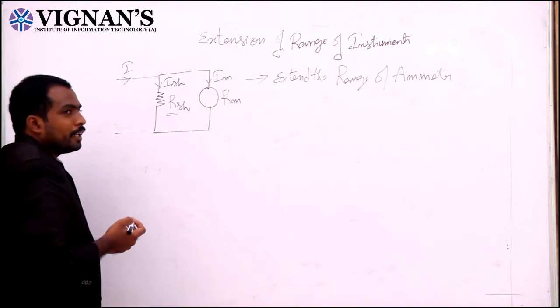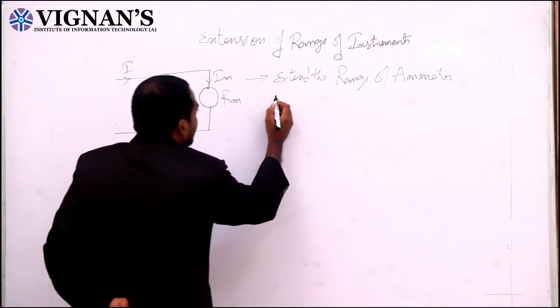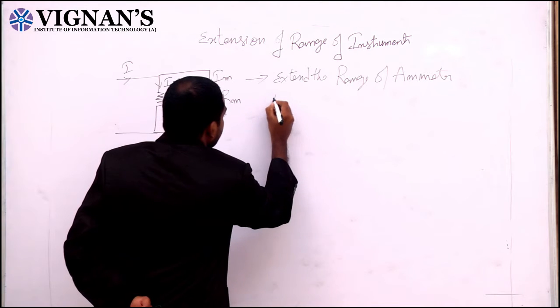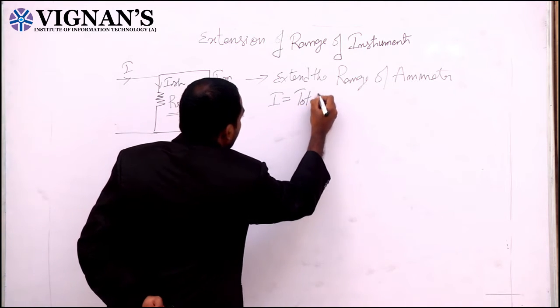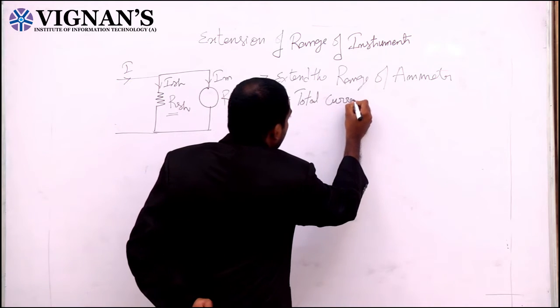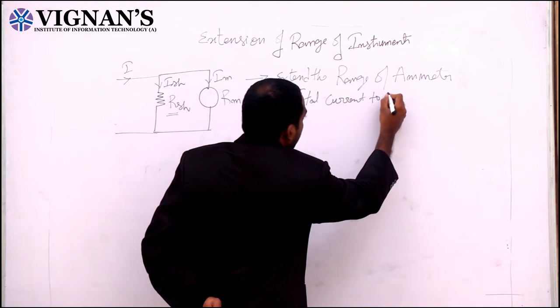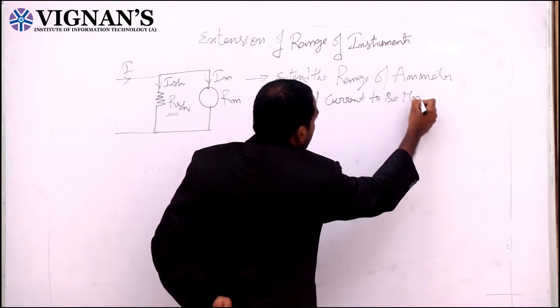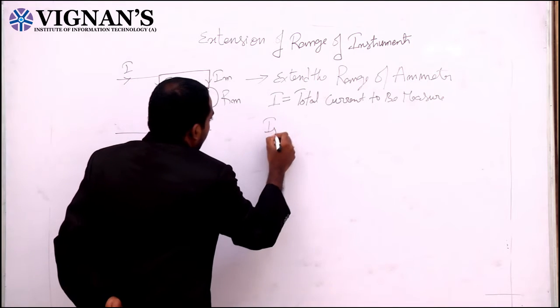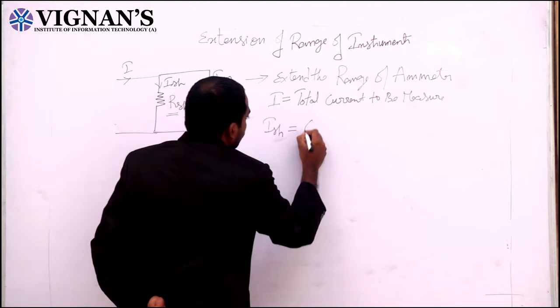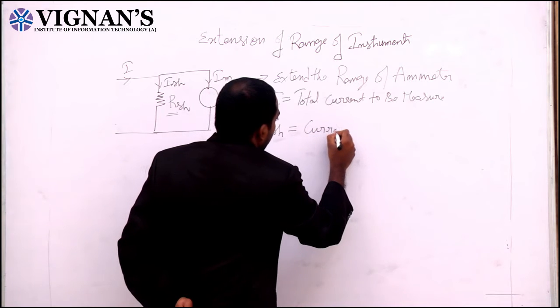Now, what are the various parameters I have considered here? I is the total current to be measured. ISH is the current through the shunt.